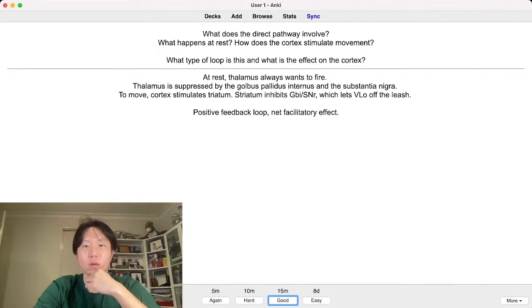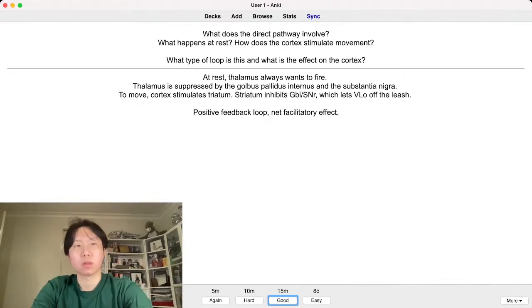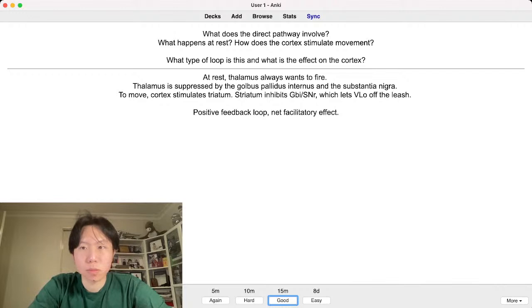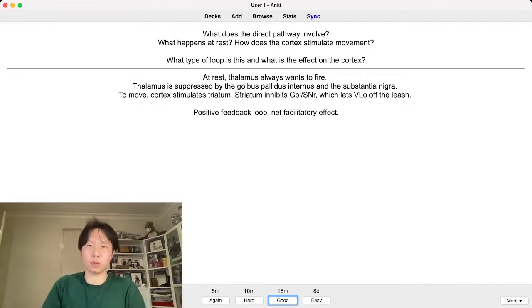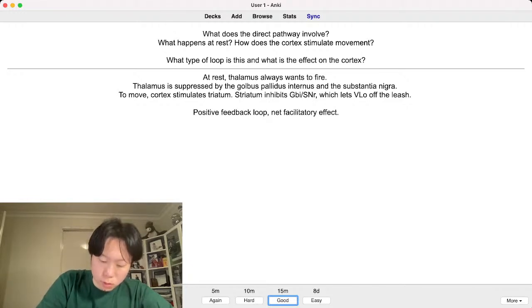This is the direct pathway. Physiology. Direct pathway. Cortex.